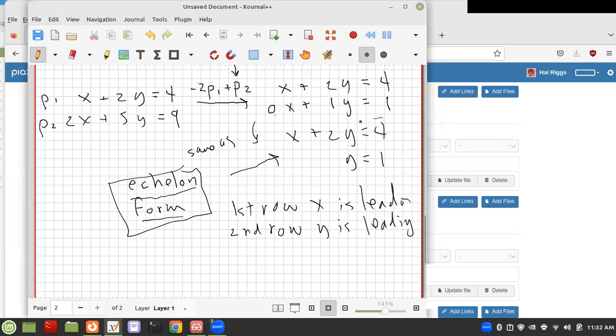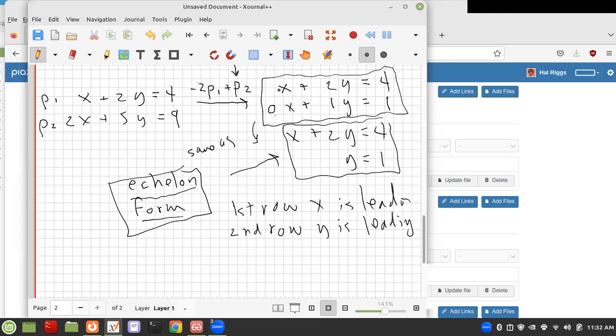In this form here, as well as this form here, it doesn't matter. It's the first non-zero coefficient. So even though there's a zero here, X is leading in the first row, and Y is leading in the second row. It's the leftmost term that has a non-zero number in front of it.